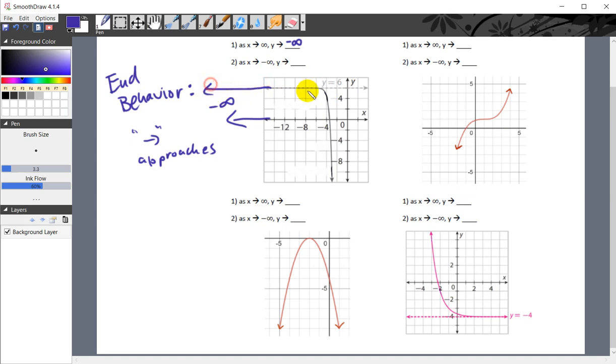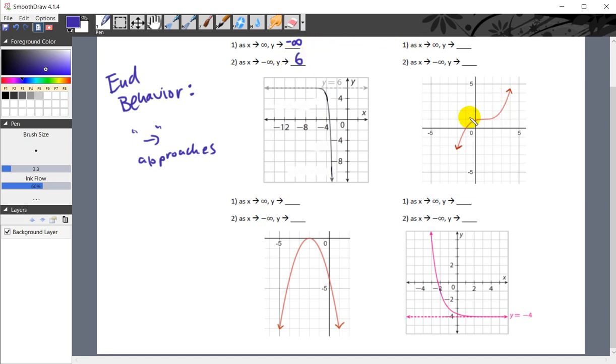It just continues this way. It doesn't go past that line y equals 6. That's where it's restricted. So as x values become more negative, the y values are going to approach 6. So that is how you would identify that.